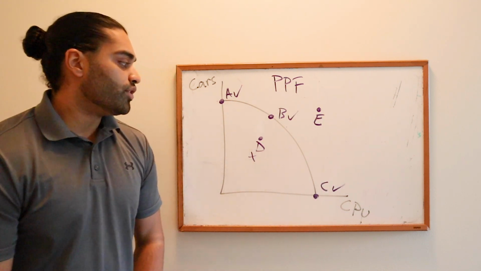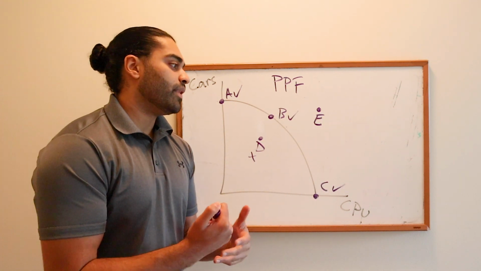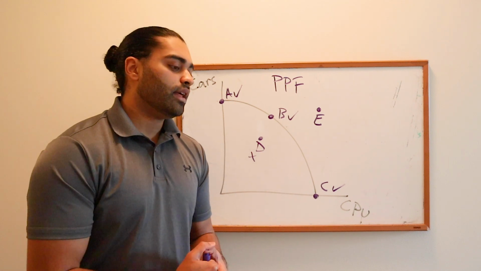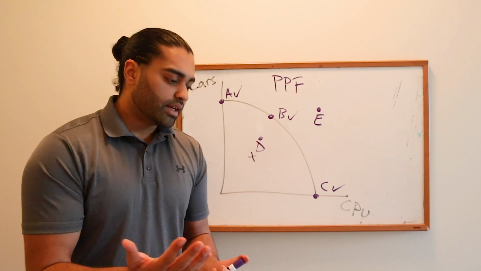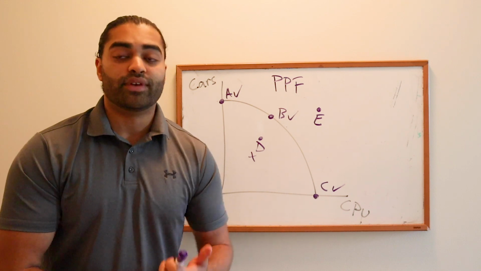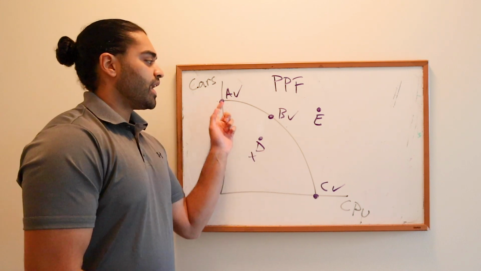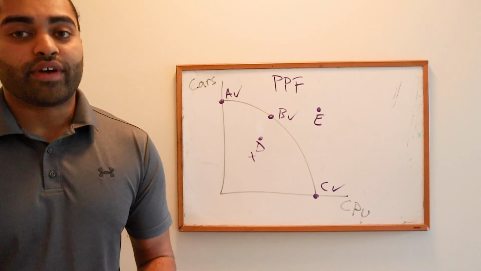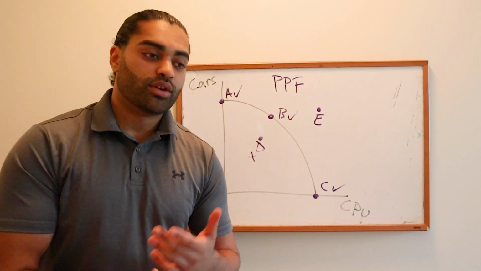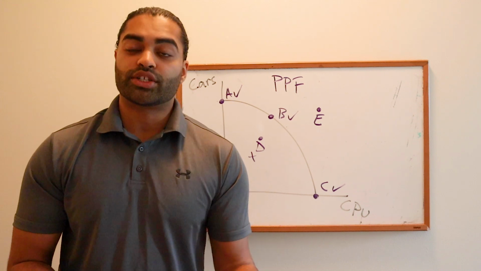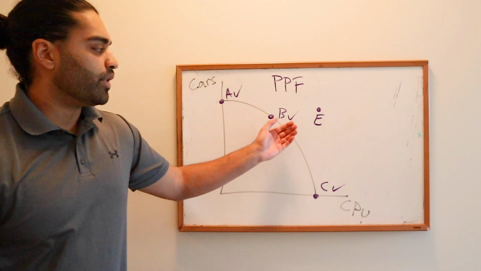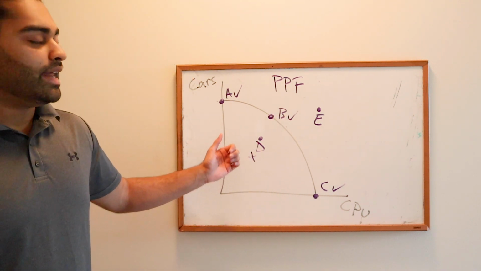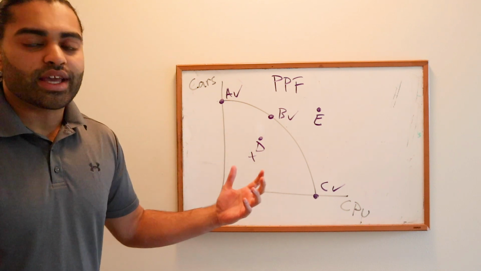Now let's say there's a huge storm that cuts down all of your factories by 50%. What do you think is going to happen to your PPF? So basically, when you see an external factor that decreases your land, labor, capital, or factors of production, as we call them, it's going to bring your PPF inward. Anytime it brings it inward, you're reducing how much you can produce.